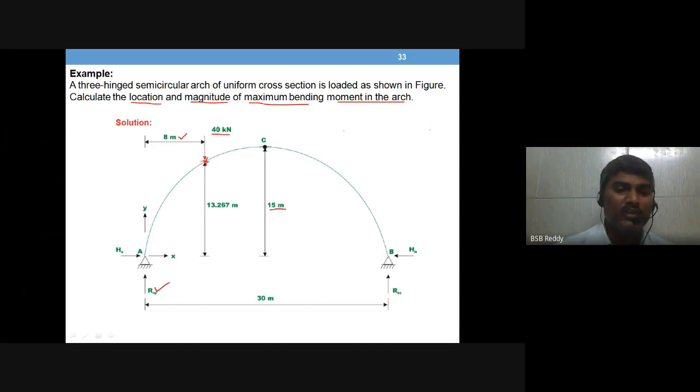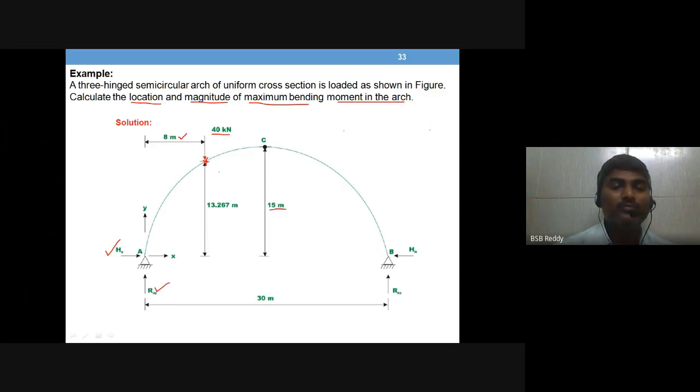You have a vertical reaction. You have a horizontal reaction. No other load. To the left of this point, you have only two loads: one vertical reaction and another horizontal reaction. So you need to find these values, otherwise you don't get the bending moment at this point, that means the maximum bending moment value. Do you get my point?